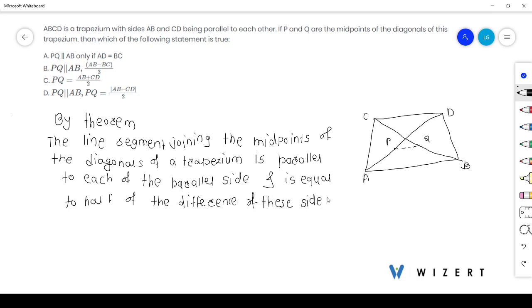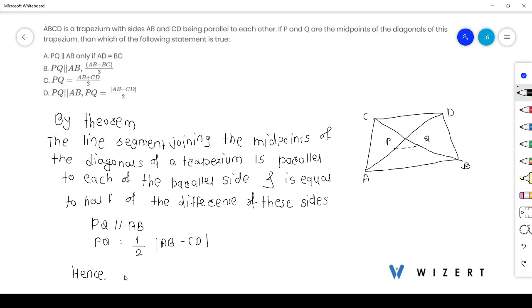So, as the line joining the midpoints is PQ, it is parallel to AB. This is the first statement. And as it is equal to half of the difference of these sides, it means 1/2 (AB minus CD).